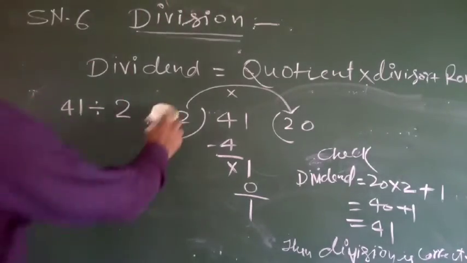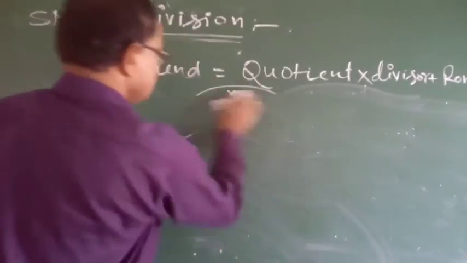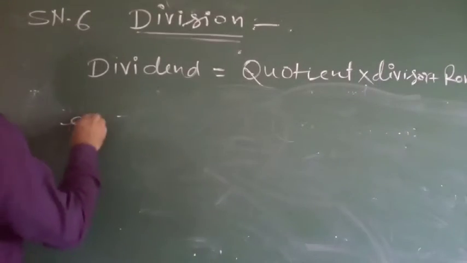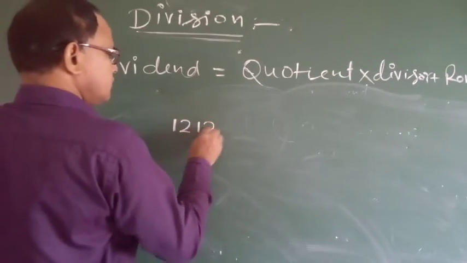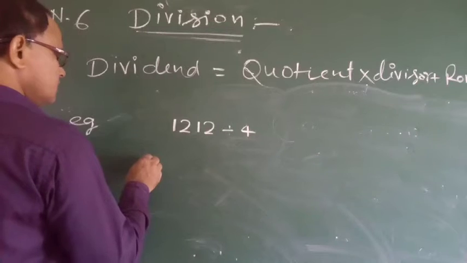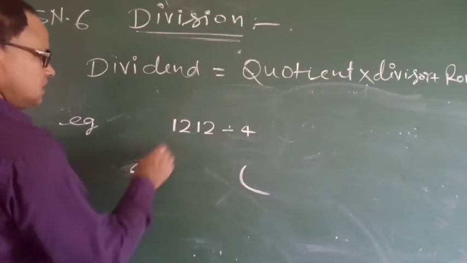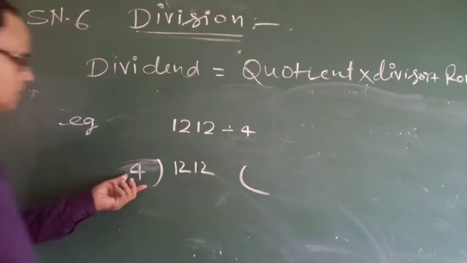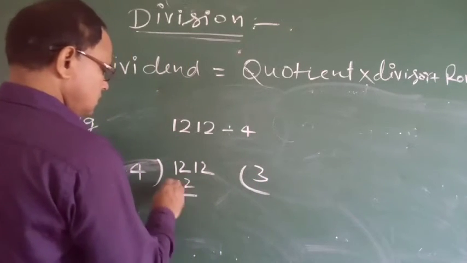Okay, then, next example: if 1212 divided by 4, we get here, make a form of division. Here write divisor and here write dividend. Read the table of 3 times. 4 3s are 12, cancel.